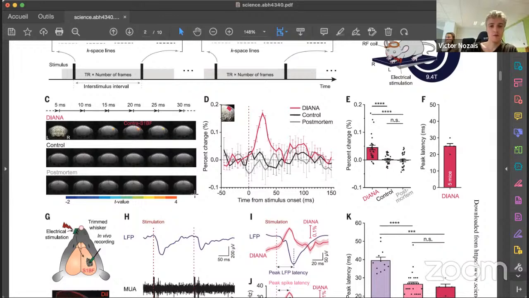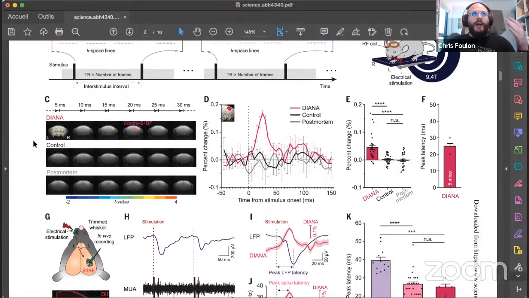For human, when I was saying half a millimeter earlier, I was thinking of human scanners with the 9.4 Tesla. On mice, usually it's much smaller. We are in orders of tens of millimeters or even smaller. So when you're looking at a region, usually a region is bigger than that.